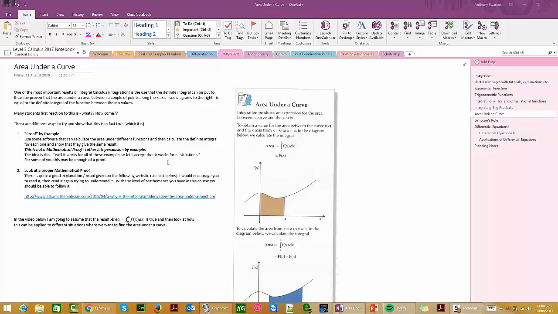In a moment, I'm just going to briefly summarize the key points of where we're up to so far, and then we're going to have a look at a couple of situations, one of which we touched on previously, which is where we're trying to find an area where part of the area is above the x-axis and part below, and then we'll have a look at where we've got an area basically sandwiched between two curves and how we can go about trying to find the area between two curves.